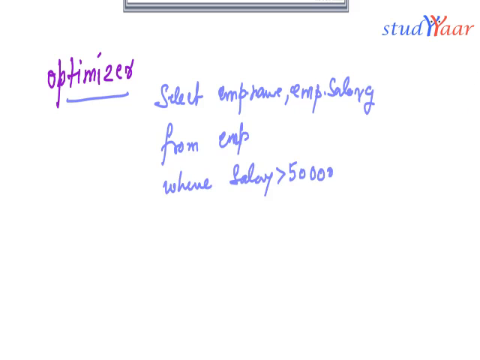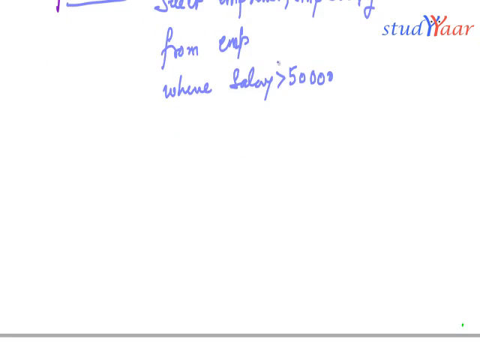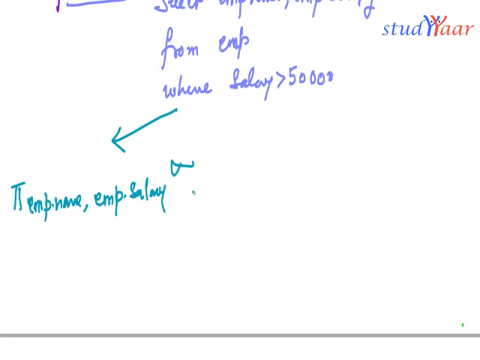First, I can convert it into a relational algebra expression. I can project employee dot name, comma, employee dot salary by first selecting only those tuples which have salary greater than 50,000, from my employee table.